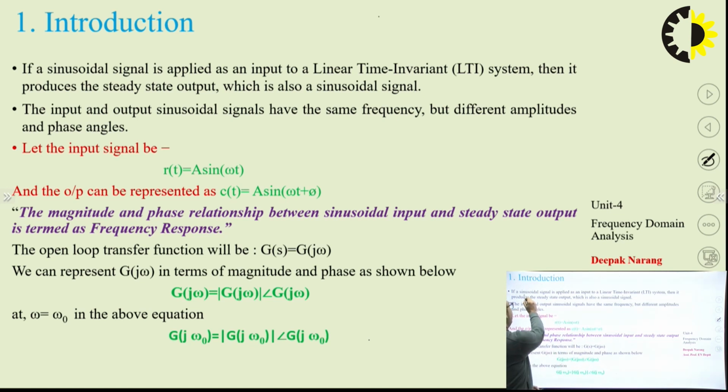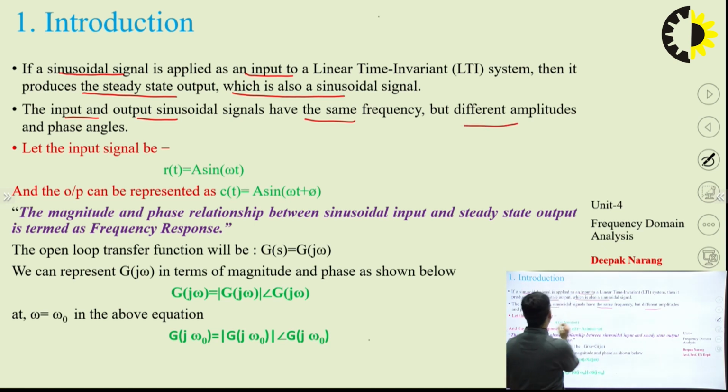In this, basically we apply a sinusoidal signal as input to an LTI linear system, and then it produces a steady state output which is also sinusoidal in nature. Hence, the input and output sinusoidal signals have the same frequency but different amplitude and phase angles.